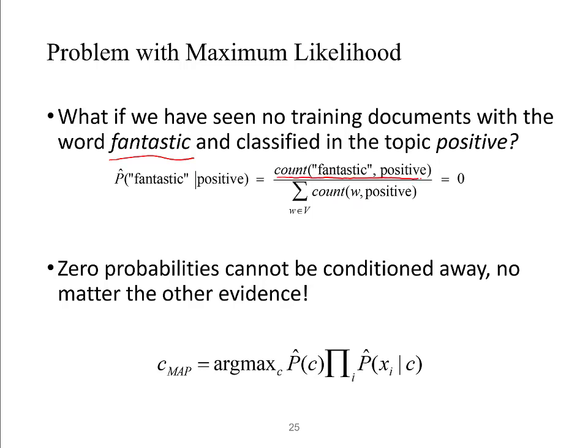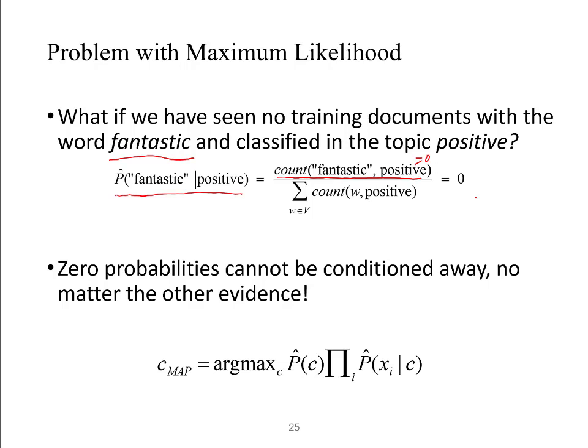The count of fantastic given the topic is positive is 0, which will make the probability of fantastic given positive equal to 0. As long as we have this 0 probability, it cannot be conditioned away, right?